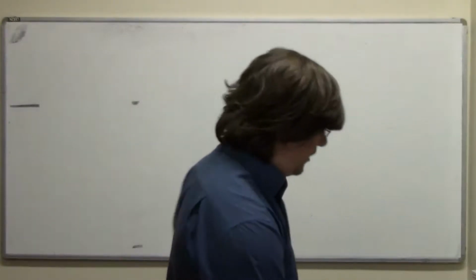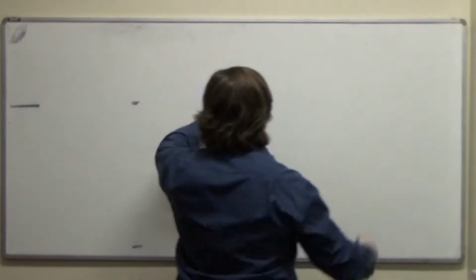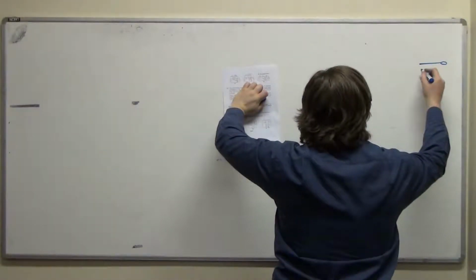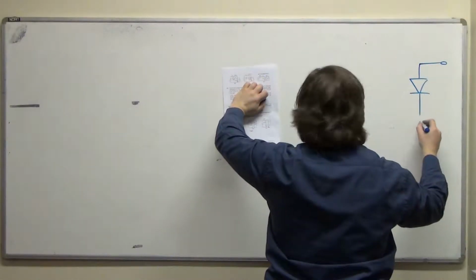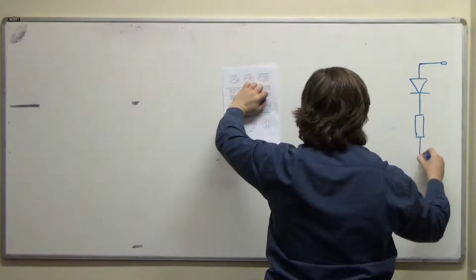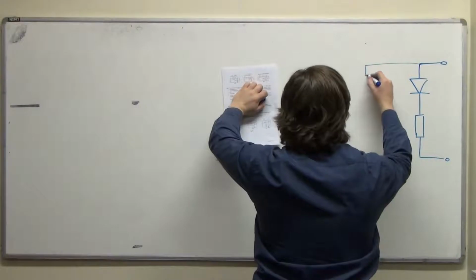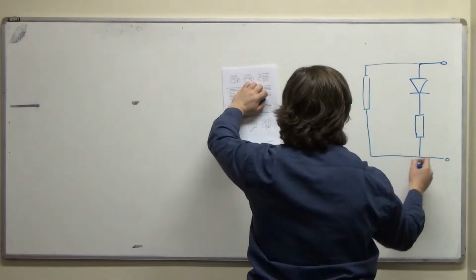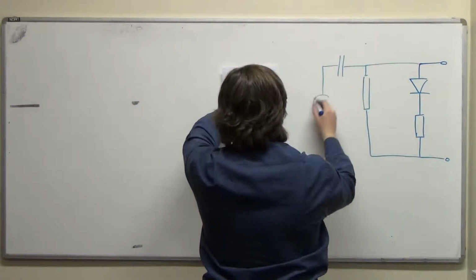So we only need VO now, and we'll have the output, and there's a diode and a resistor, and the other bit of the output, and in parallel with that there's a resistor, and there's a capacitor, and the source.